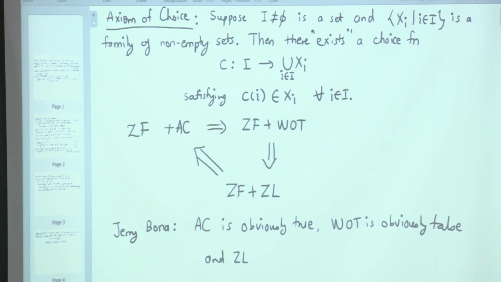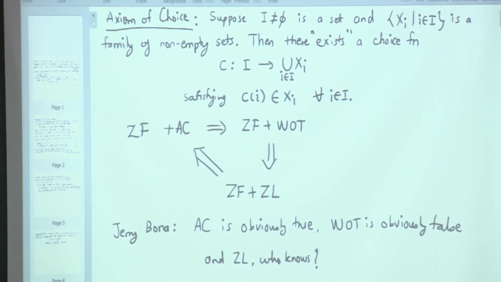And Zorn's lemma, who knows? This is only a joke. I have seen students writing it in exam. Please don't do that. Obviously all those three statements are equivalent. But because of their perception amongst the mathematical community, this is a true statement also. As I explained, axiom of choice looks obviously true, well ordering theorem looks obviously false, and Zorn's lemma is too complicated to comprehend.